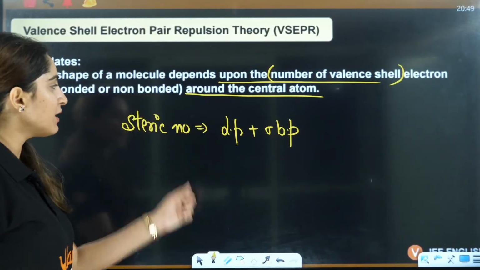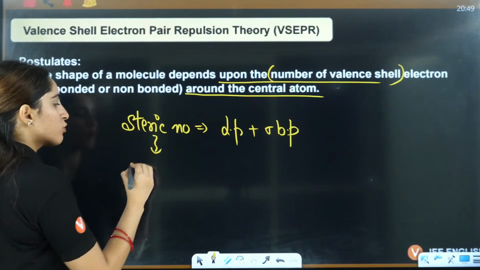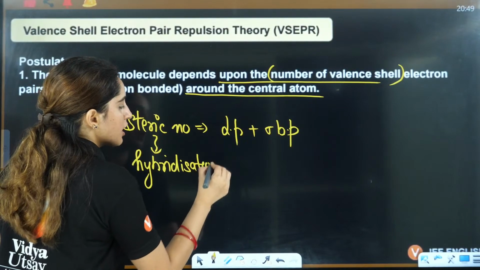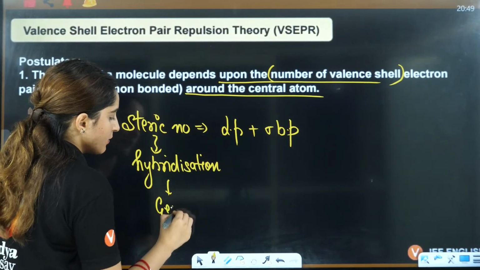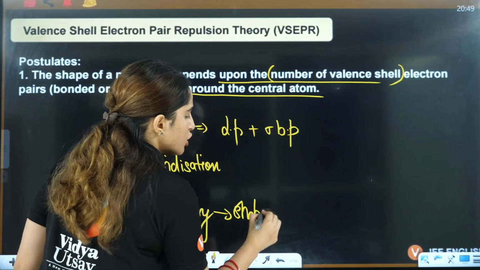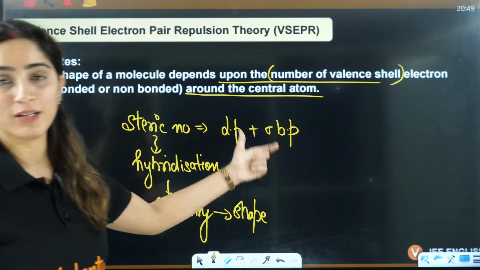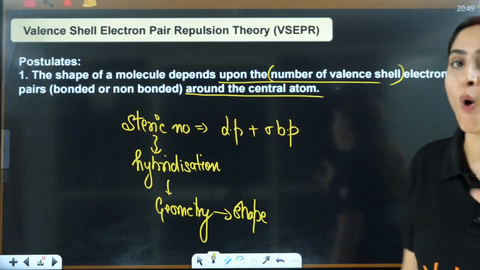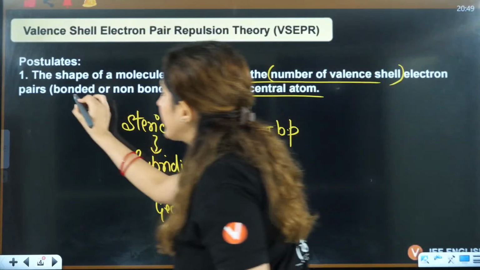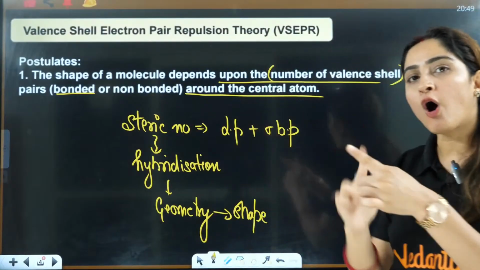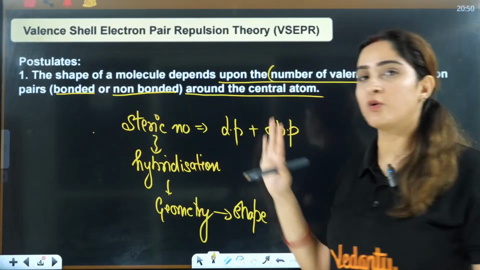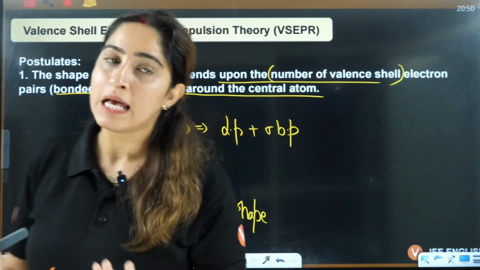So this steric number is going to tell us about the hybridization, and that hybridization is going to tell you about the geometry, and based on that geometry you will tell the shape. So everything depends upon the number of lone pairs and bond pairs that you have. The valence electron pairs that are bonded form bond pairs, and non-bonded ones are the lone pairs around the central metal atom, right?